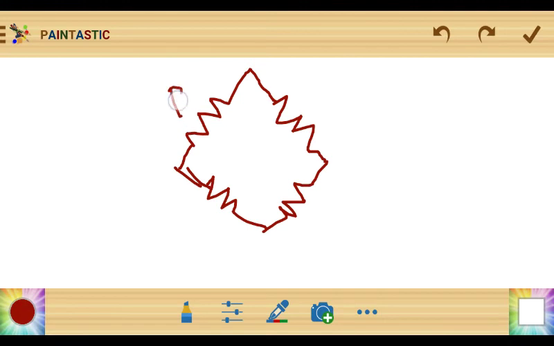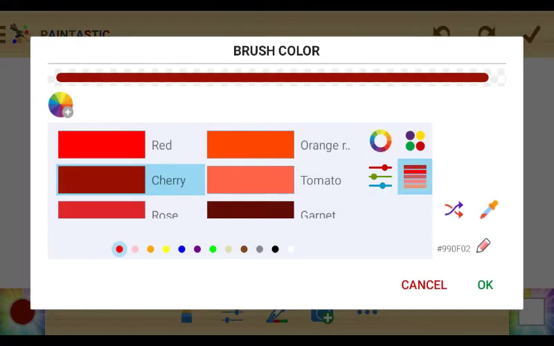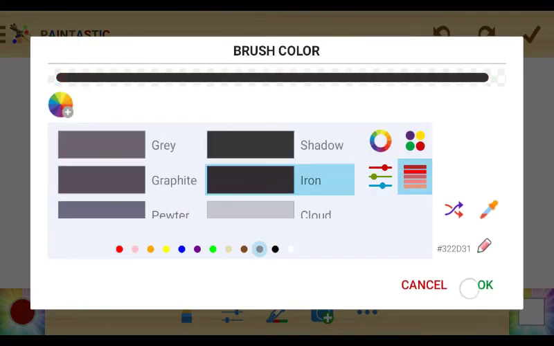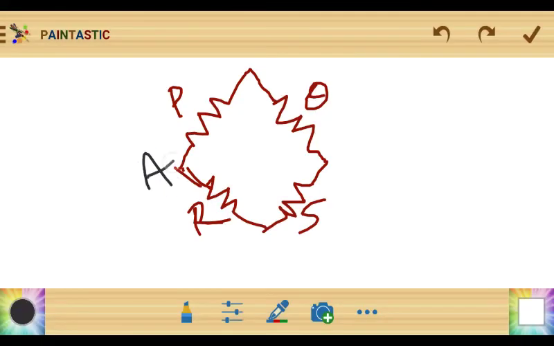This one is P, this one is Q, R, and this one is S. Okay, remember, I'll use a different pen. This is A, one junction, this is C, this is B, and this is D. Between A and C, what I'll connect?